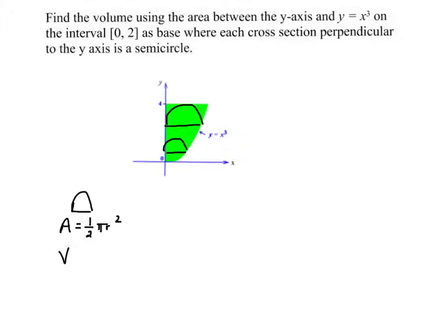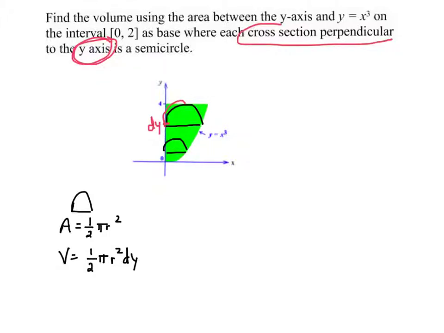Now volume, a little bit different here. You notice that the cross sections are perpendicular to the y-axis. What that means is that my little thickness, when I start drawing that in, is a dy. So as I go to do my volume, I'm going to have 1/2 pi r squared dy.